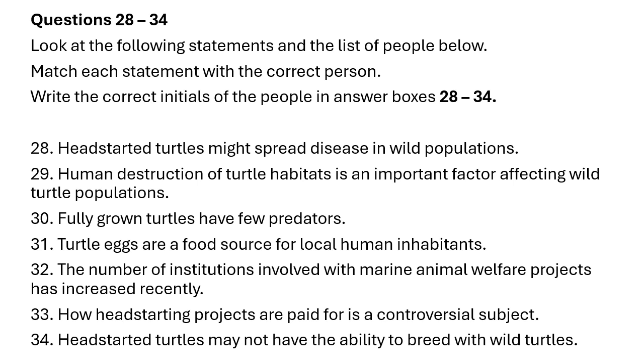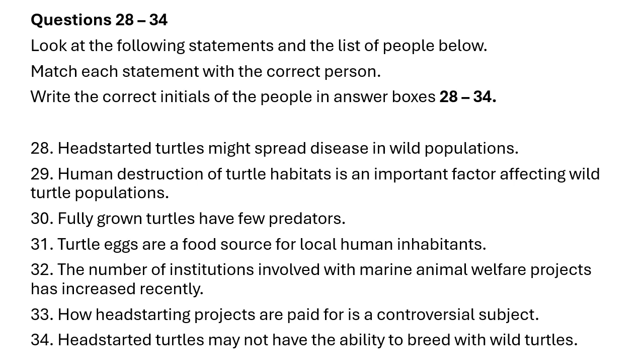We remember from Williamson's statement that humans remove their eggs and hatchlings and that other animals prey on them as reasons why they do not survive to adulthood, not human destruction of their habitats. Number 30 says, fully grown turtles have few predators. This does not match because Williamson's statement was not about grown-up turtles but about young turtles surviving to adulthood.